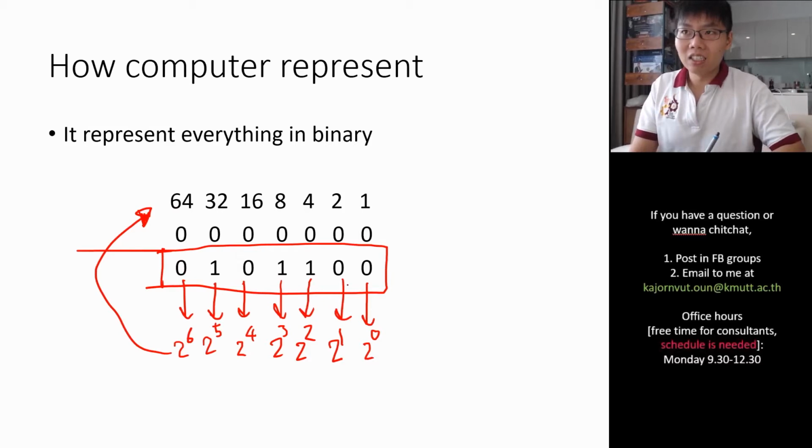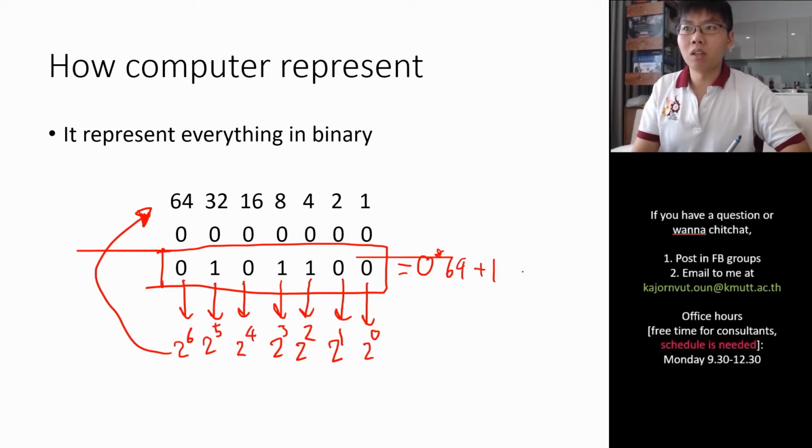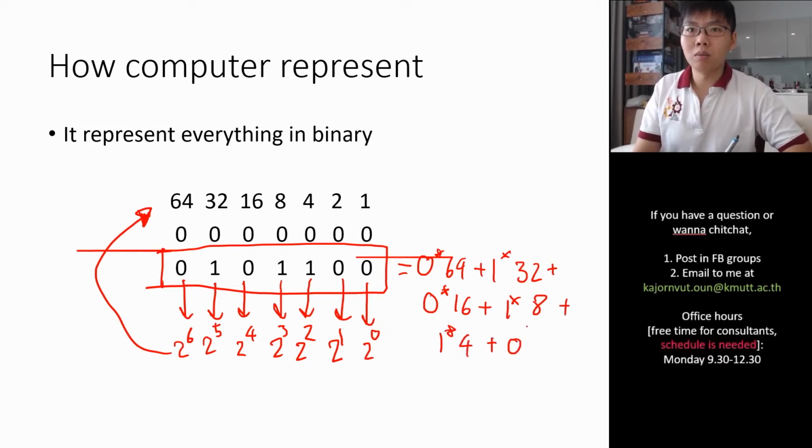So this arrangement works like 0 multiplied by 64, plus 1 multiplied by 32, plus 0 multiplied by 16, plus 1 multiplied by 8, plus 1 multiplied by 4, plus 0 multiplied by 2, plus 0 multiplied by 1.